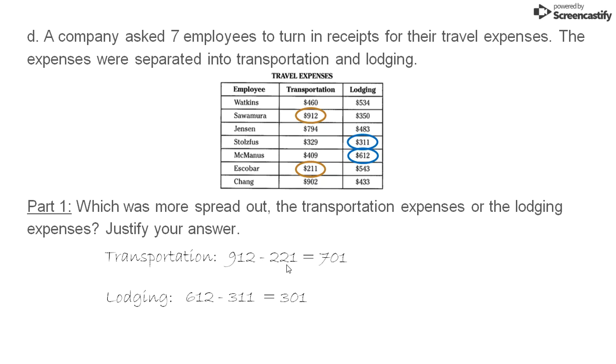So which was more spread out? Obviously the one with the wider spread, the larger number, which is 701, which was the transportation costs. So the transportation costs are more unpredictable based off of the data that we have here. Lodging has a smaller spread, so it's more predictable because it's within a smaller range.